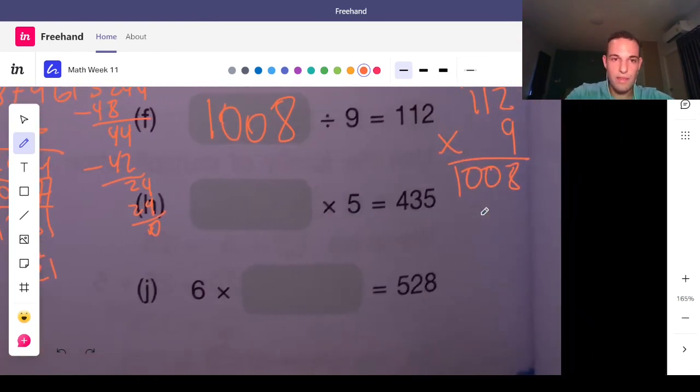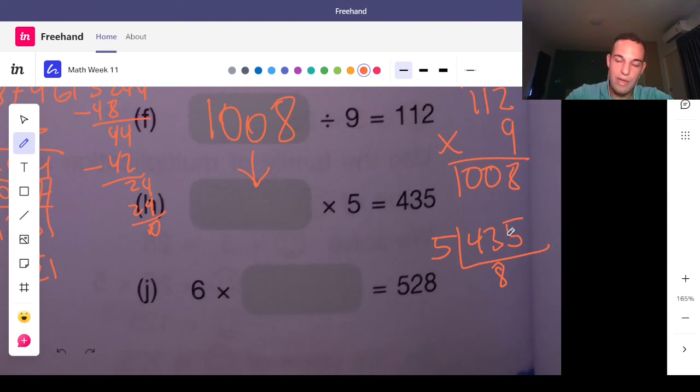Now let's find this number. What number times 5 equals 435? Guess what? We have to do the same thing. 435 divided by 5. 5 goes into 43 8 times. So let's put an 8 there.